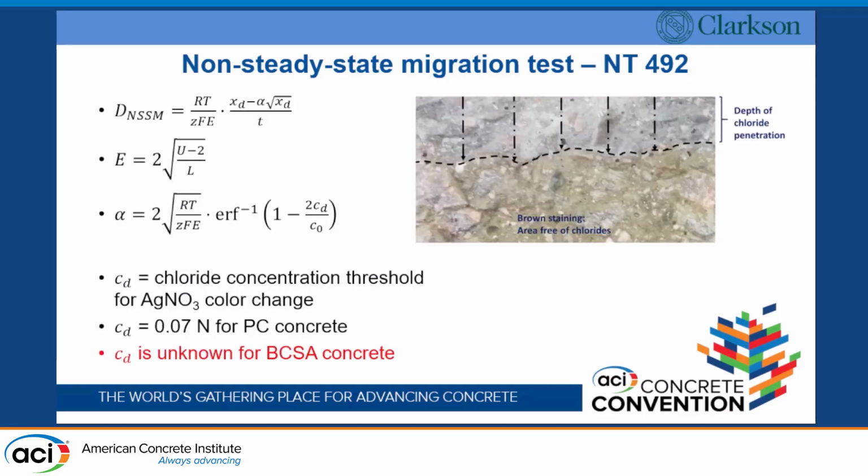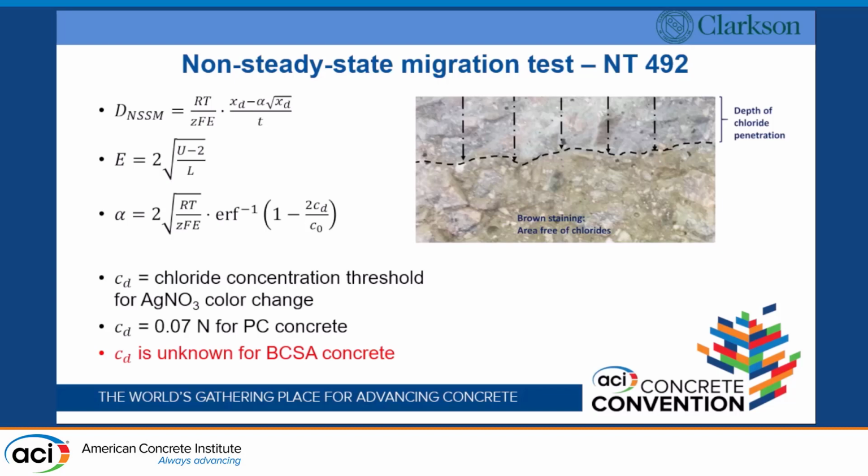So moving on, the other thing we need to talk about with NT492 is how we compute the migration coefficient. So the migration coefficient depends on this parameter E, and also this parameter alpha, all right? And in this equation, we have something called C sub D. So the way we determine the migration coefficient is we split this sample in half in a split tension configuration.